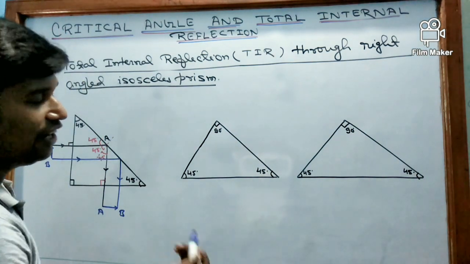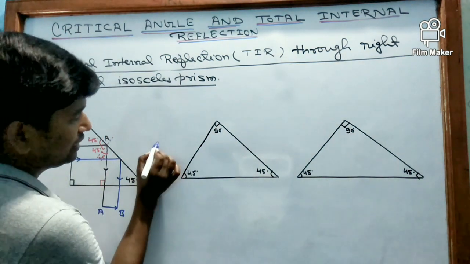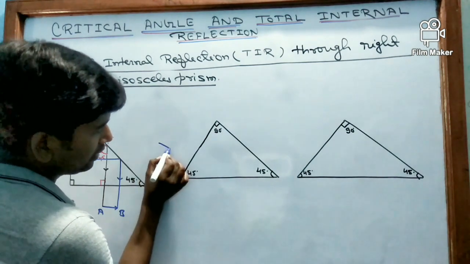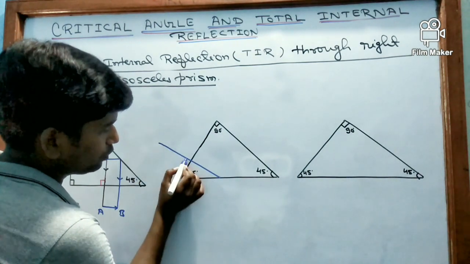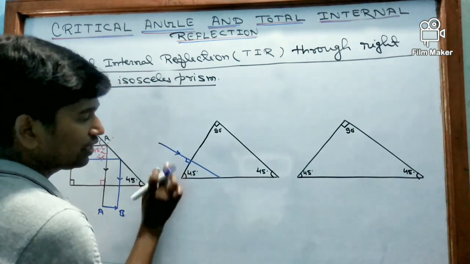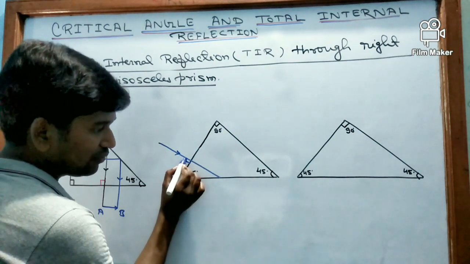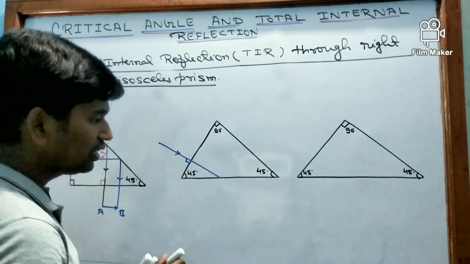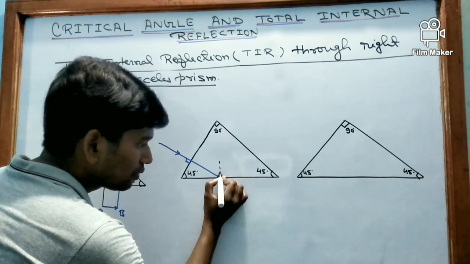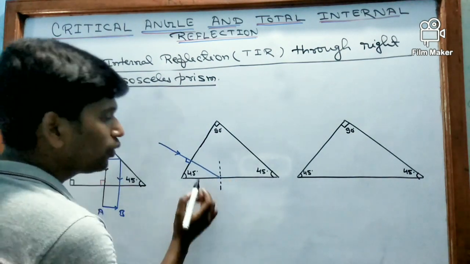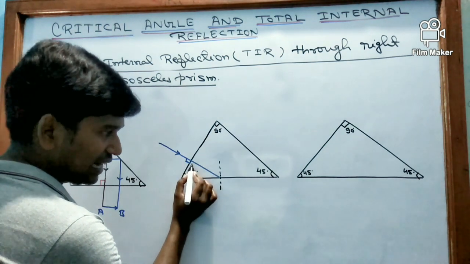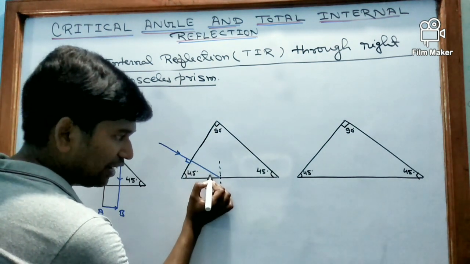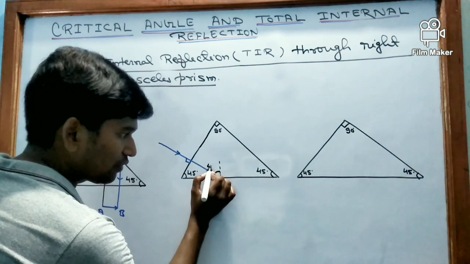Let us see the next. If a ray of light is incident in this way, at 90 degree, without refraction it will go. At this point, let us draw one normal. As we know, this angle is 45, this is 90, so this will be again 45, and this angle is also 45.